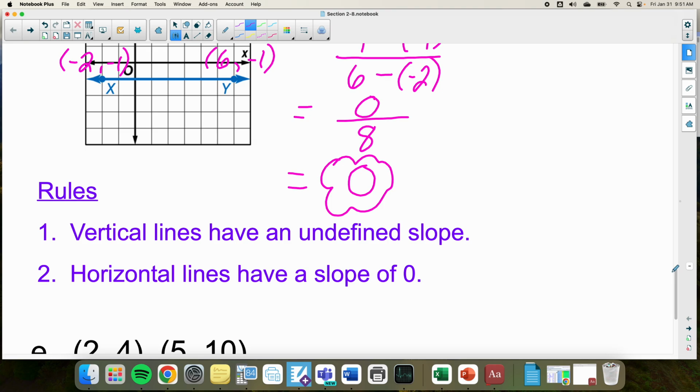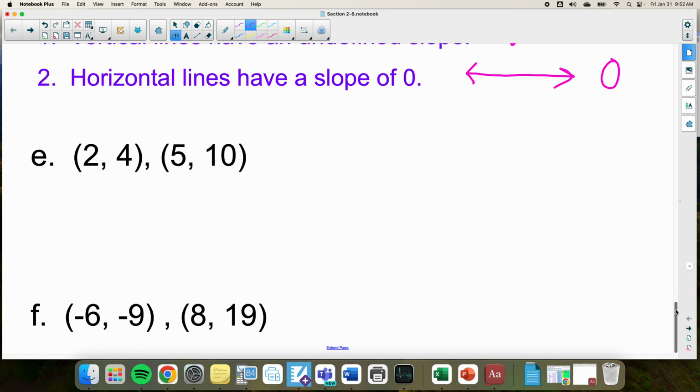But if they gave you something on a graph, if anything is a vertical line straight up and down, that's when it's undefined. If something is horizontal, that's when it's 0. So if I gave you one today that is straight up and down, you don't have to do the work, you could just put undefined. If it's horizontal, you could just put 0, okay?